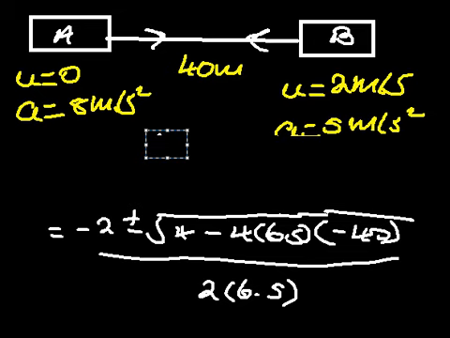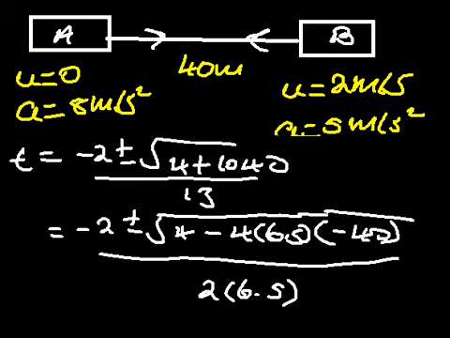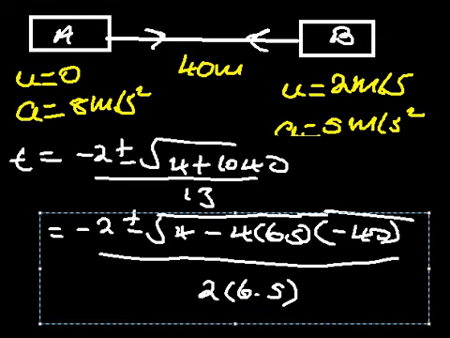So we'll have time being given as negative 2 plus or minus the square root of 4 times, now plus 1040, and I divide by 13. So that's what you can have, and from there we should have it this way.